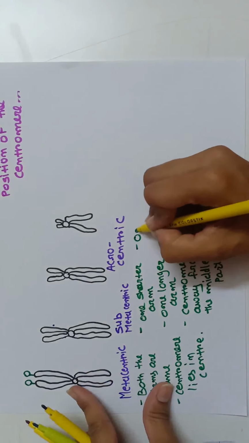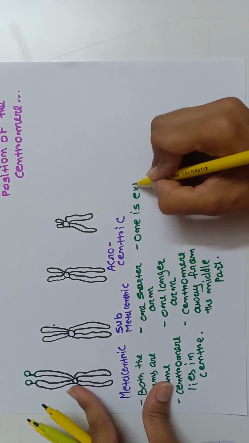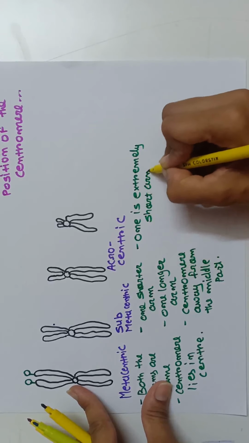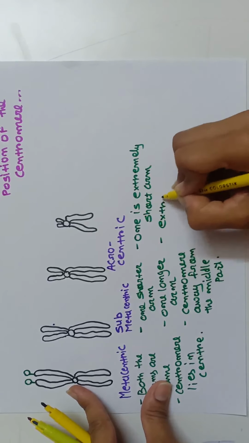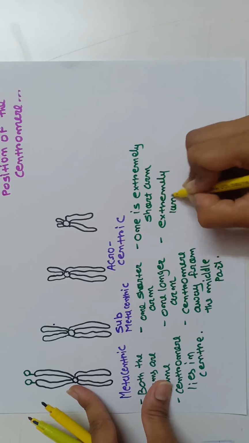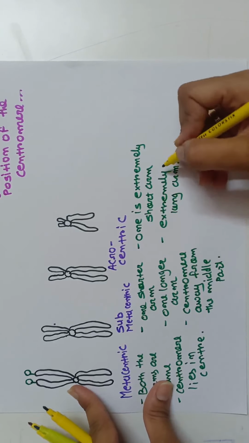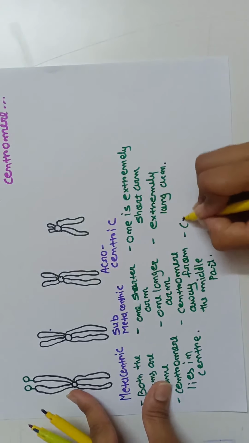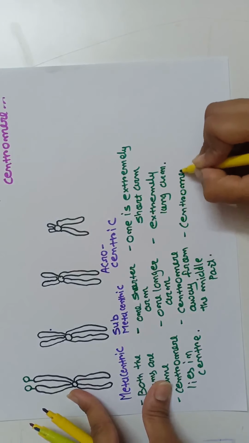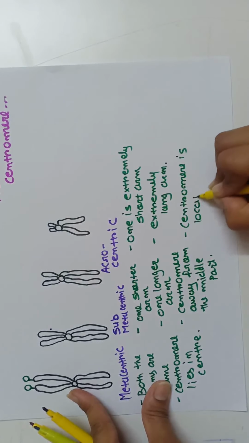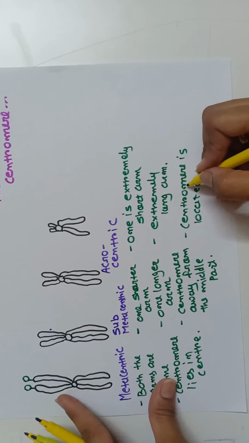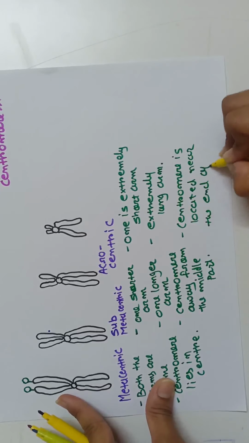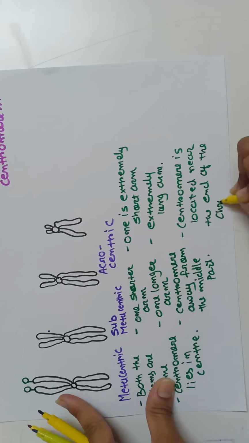One is an extremely short arm, one is an extremely long arm, and the centromere is located near the end of the chromosome.